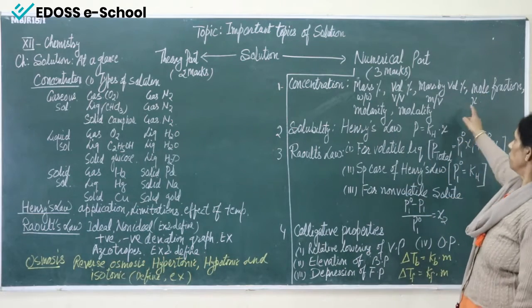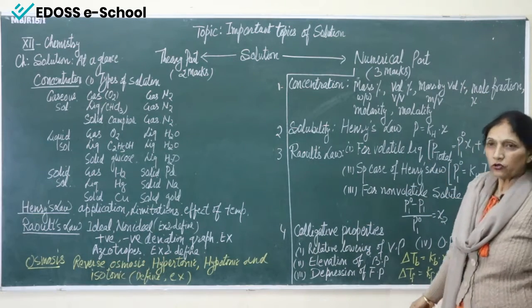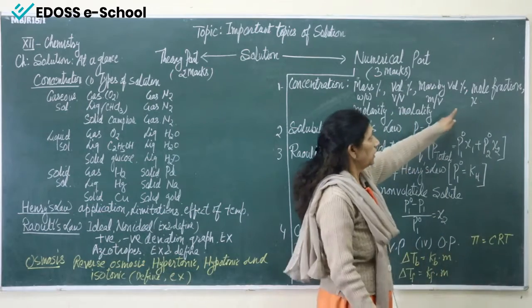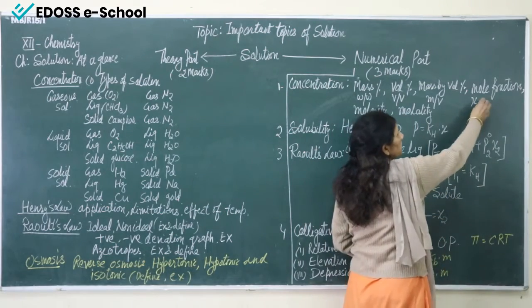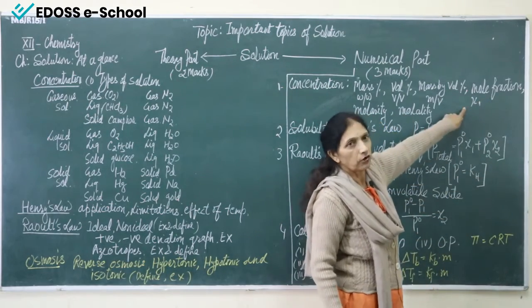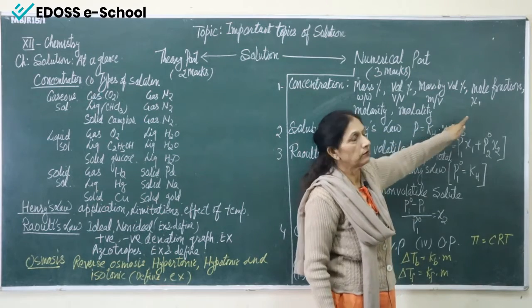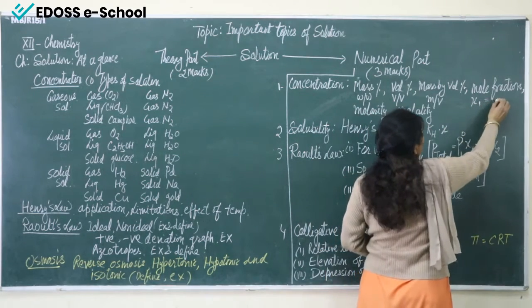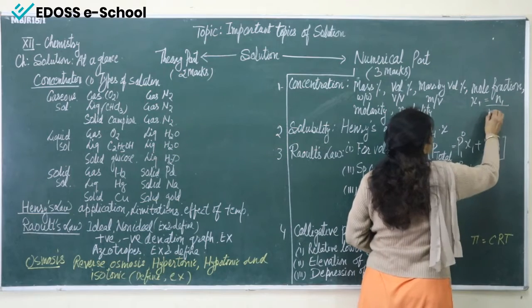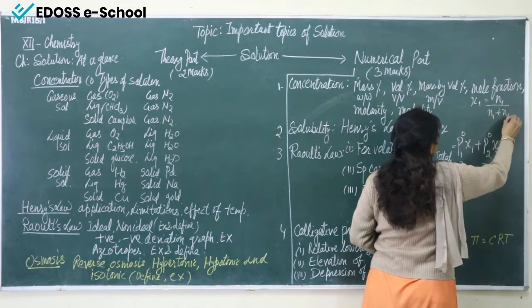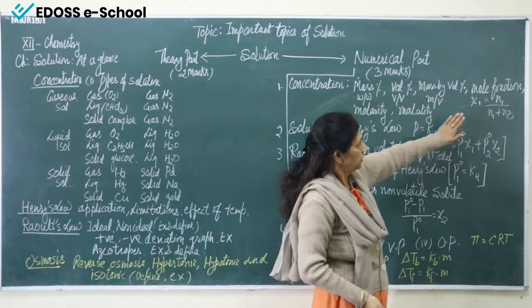So the number of moles. So we know solute or solvent. If you have to find mole fraction of solvent, it will be X1, and this is equal to N1 upon N1 plus N2.